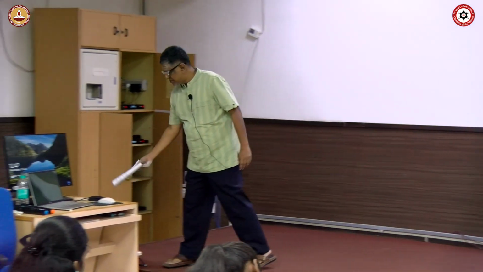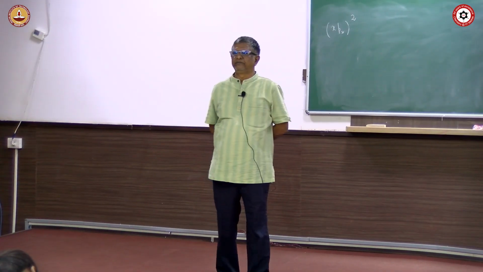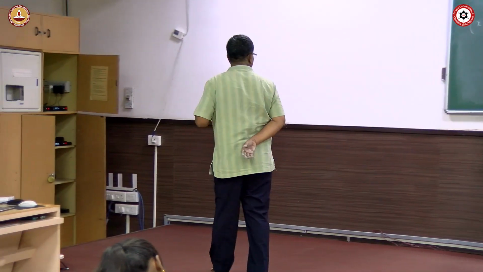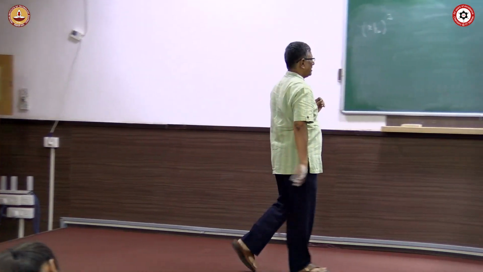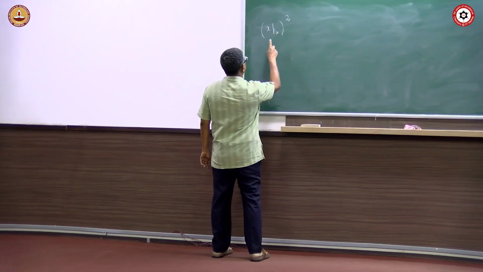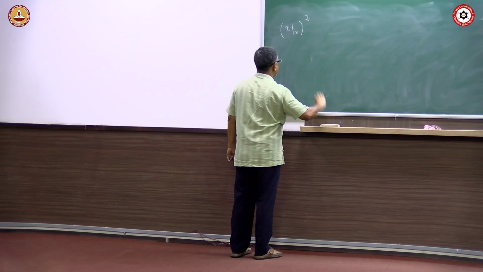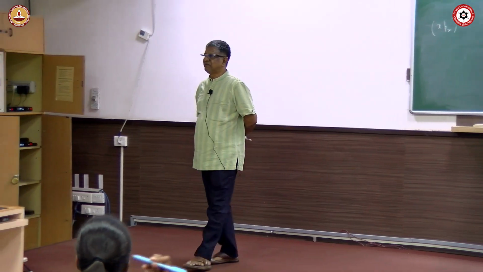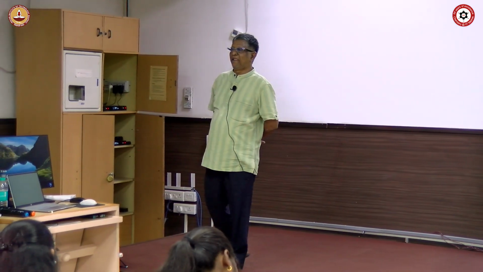This is the last exercise today. After that you can go for lunch. Evaluate x p_x squared. Try to understand that this is a square, and we have [x, p_x]. No, I am not telling anything, you try.